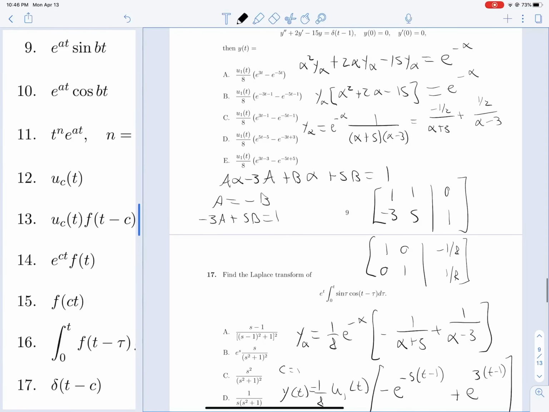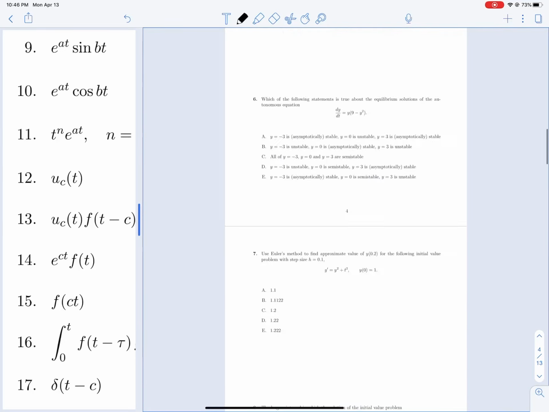And that corresponds with answer E for 16.